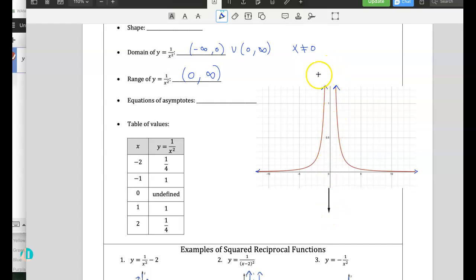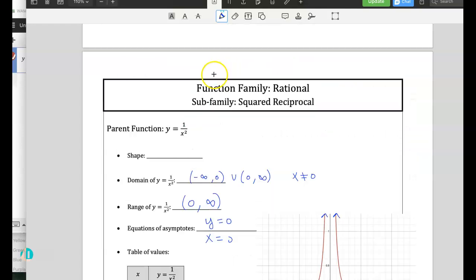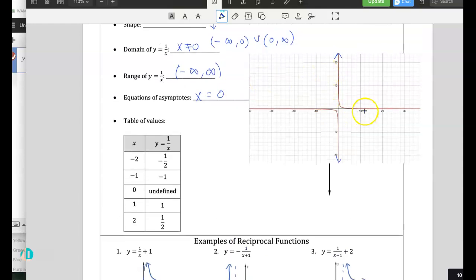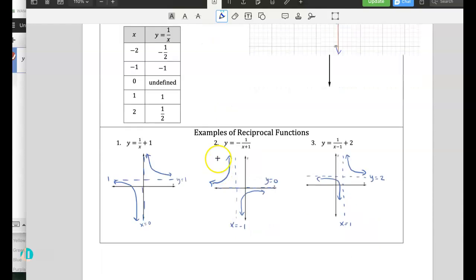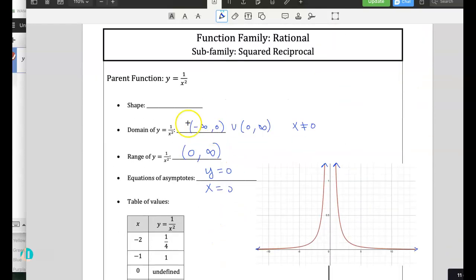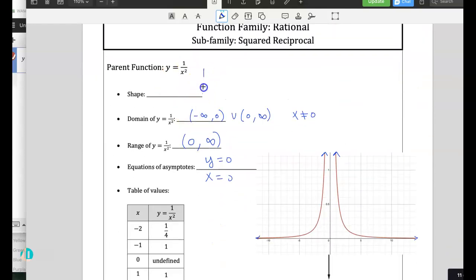There's y equals 0 and x equals 0, right? I guess it's the same here. The x-axis is also an asymptote, so it's y equals 0 and x equals 0. So the shape looks kind of like that, right?